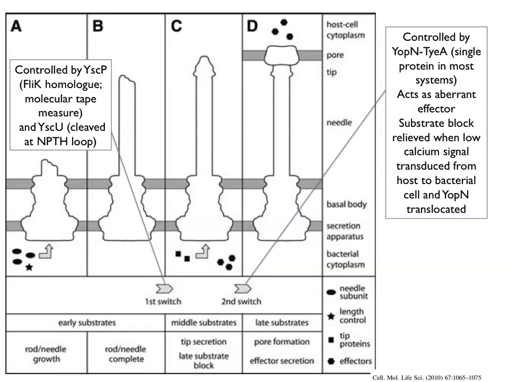And then only when there is this contact made with the host cell, and it looks like there's a signal, a low calcium signal that passes through the system, once you've got this contiguous conduit here, that particular gatekeeper protein is released, and then all the other effectors can go through as well.